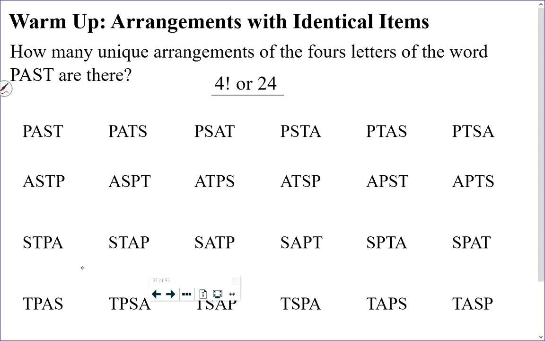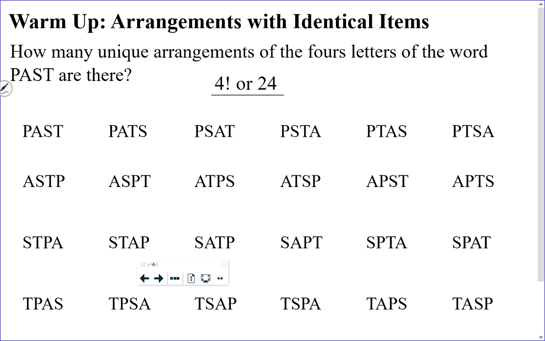You don't need to list them all, but I've listed them all. So no matter where you look in here, you will not find any of these that are the same arrangement. I know that might be obvious, but I think it's an important point. That P-A-S-T, that's the arrangement P-A-S-T, and it only appears in one place there. And if I look at S-A-P-T, it only appears in one place. These are unique arrangements, there are 24.